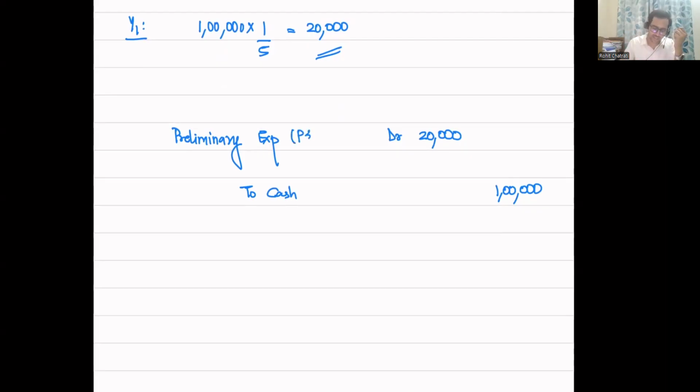All right, this is what is impacting my tax P&L. What is impacting my taxable income is only 20,000 rupees, and therefore I'm only showing 20,000 in the tax P&L. Now, the remaining debit of 80,000 is going to sit as an asset, as an unamortized preliminary expenses.